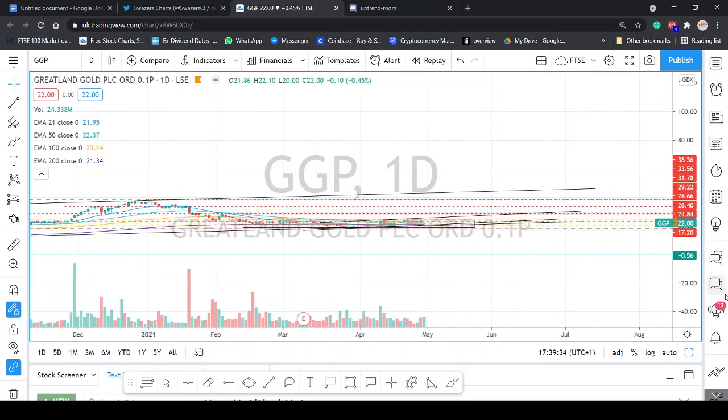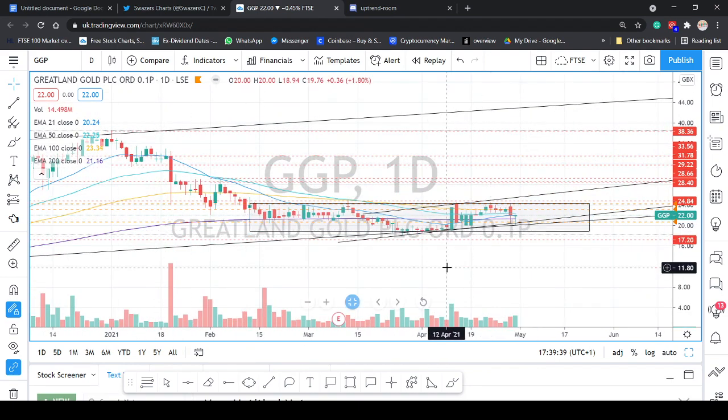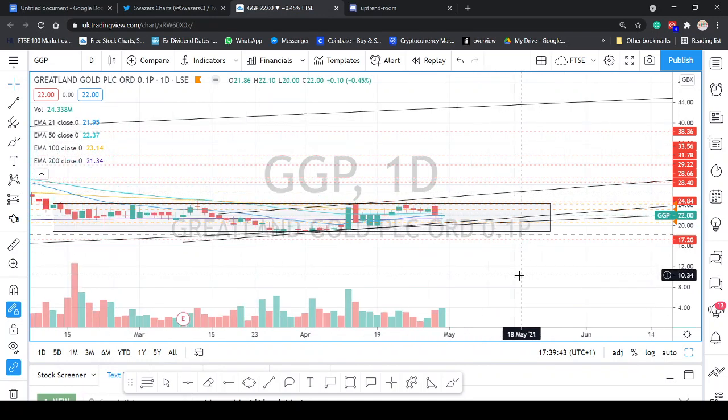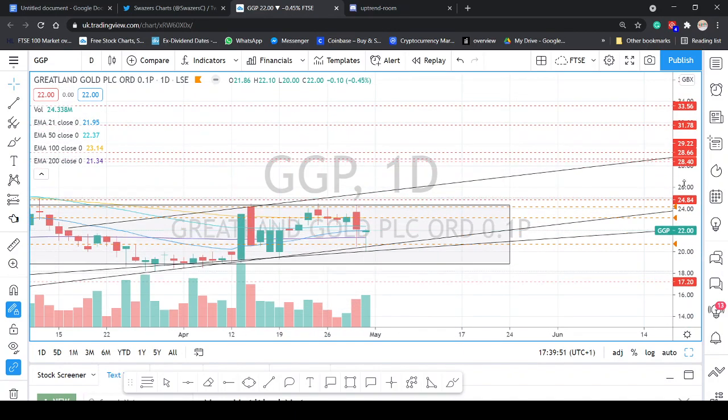And if we just zoom into more local action with GGP, you can see we've had this sell-off. Price then went into a tight consolidation zone, and we've had some really nice support at this smaller channel. So it looks like we've got a channel within a channel. And then the last day of trading, which was 30th of April, just before the bank holiday weekend, we've got this beautiful tail bar.